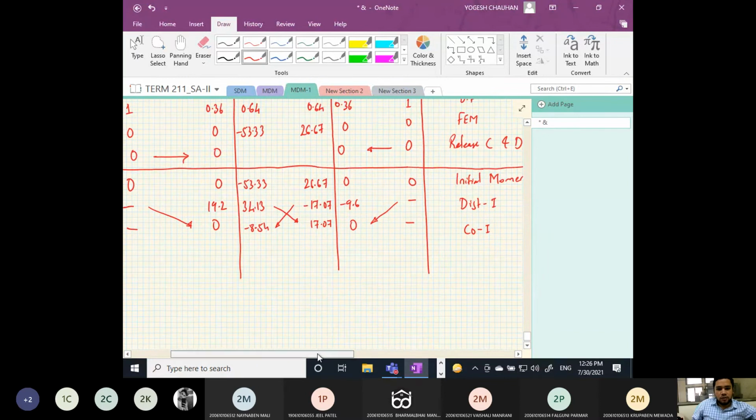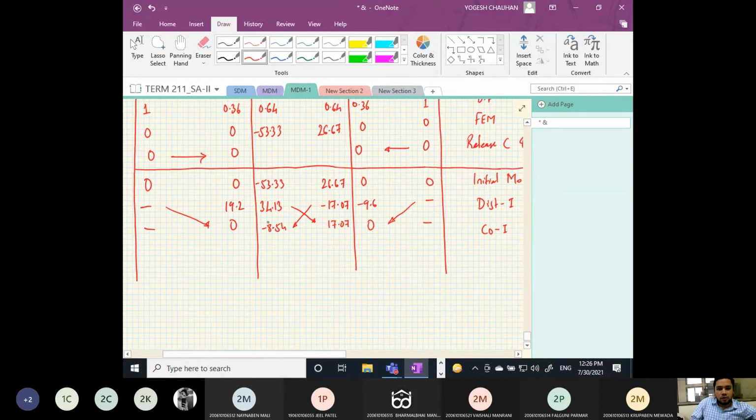Then we do the second cycle, distribution 2, because there is still an unbalanced moment of 8.54 at B and 17.07 at C. So distribution 2. 8.54 multiplied by 0.36 will give you 3.07, and 8.54 multiplied by 0.64 will give 5.47.